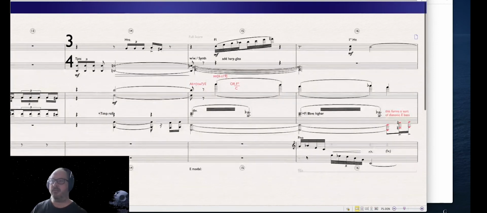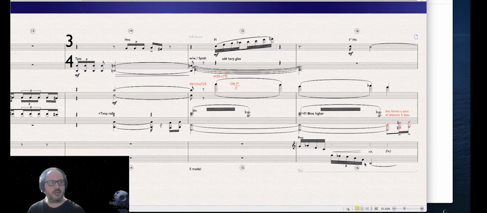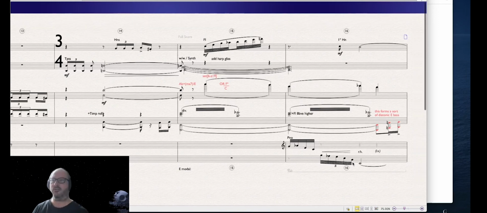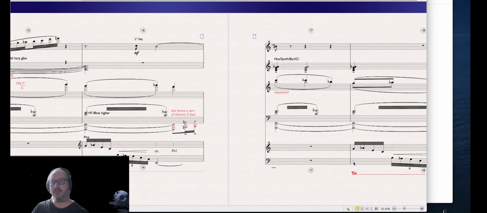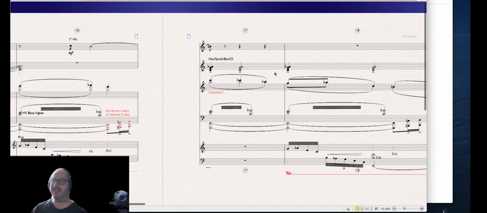And it's maintained. It's interesting actually how often it's maintained around the note C. I mean, usually with Williams, tonal centers aren't really particularly important. They don't have the same function that they did in the 19th century at all. But it's interesting how that set doesn't really get transposed. It's maintained throughout.